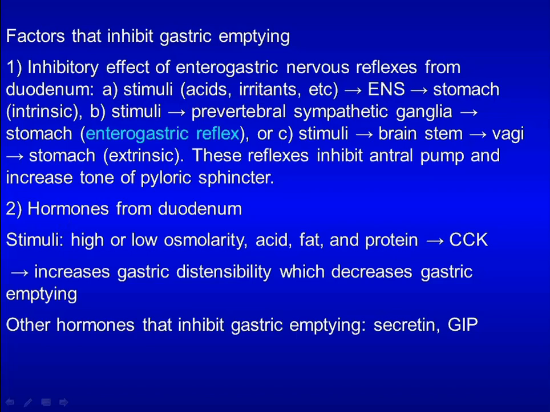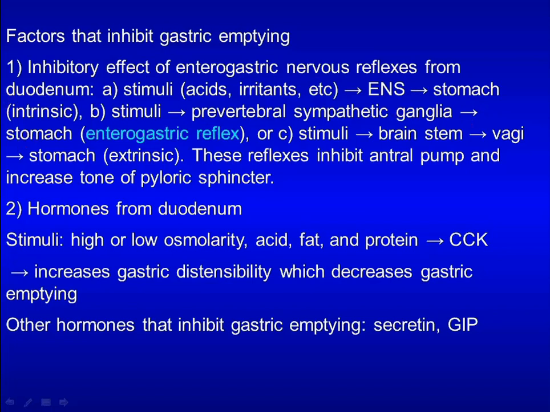Signals are transmitted by an intrinsic pathway through afferent fibers within the enteric nervous system and back to stomach. Second, signals are transmitted by an extrinsic pathway through prevertebral sympathetic ganglia and back to stomach.